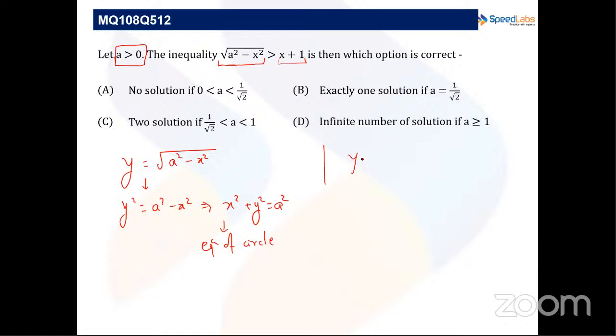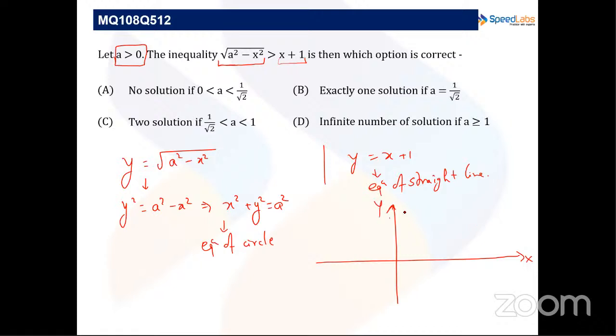And here y equals x plus 1 gives us the equation of a straight line. Now if we draw the xy axis and plot this straight line, then for x equals 0, y equals 1.